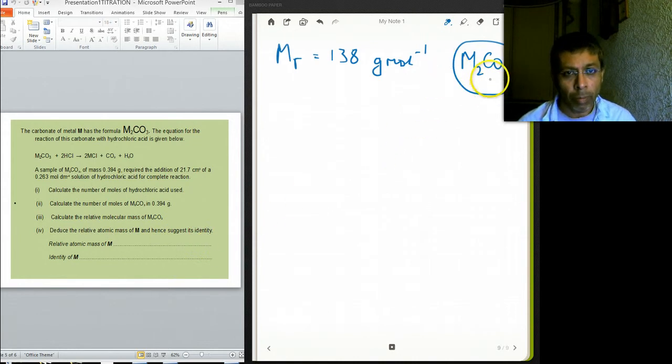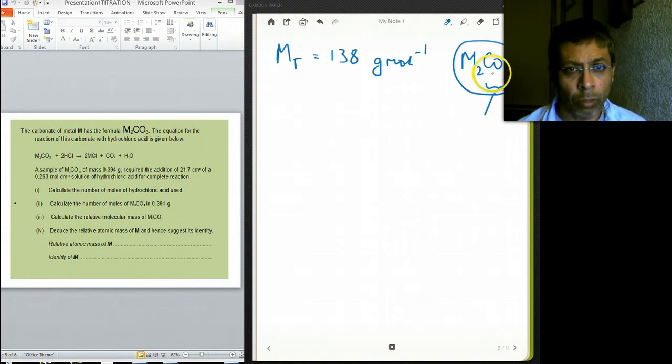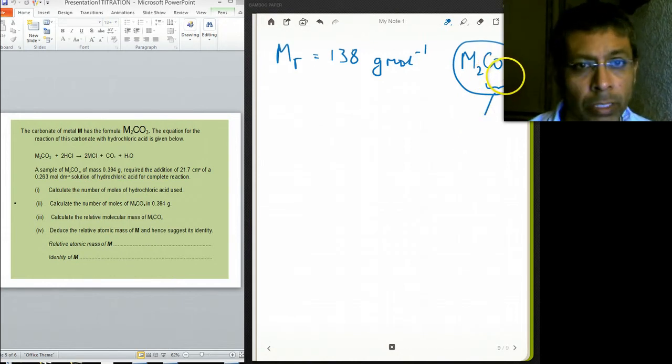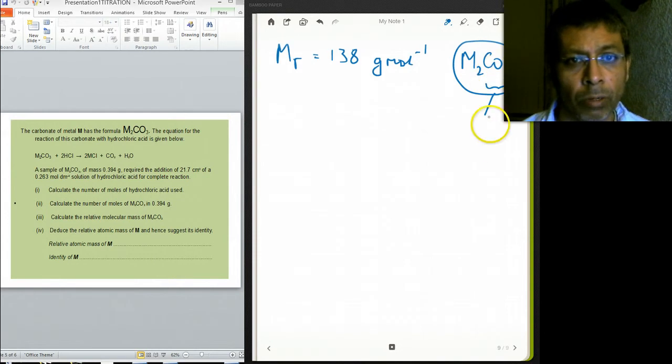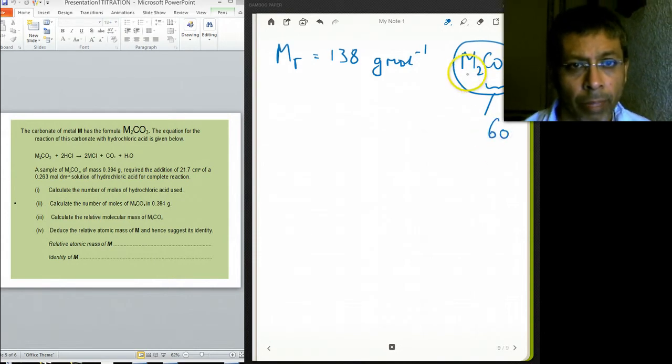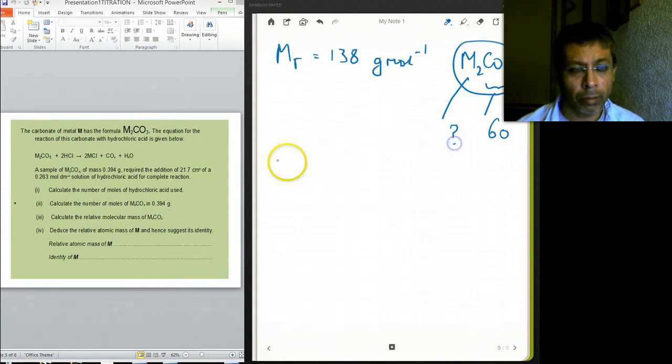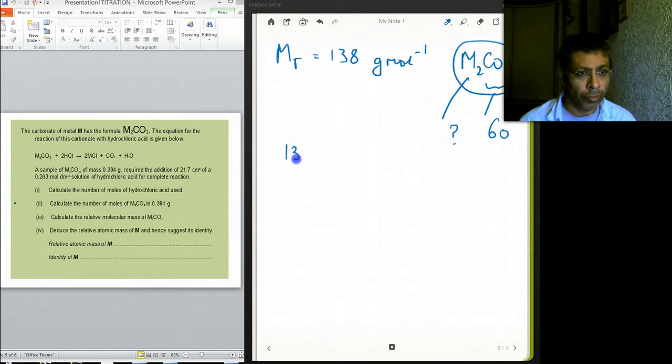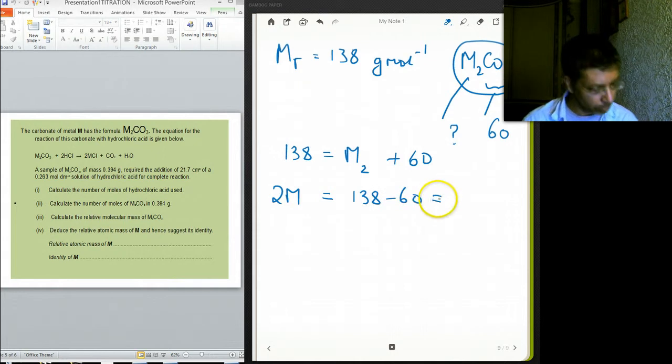Right. Well, carbonate, CO3, that adds up to 12 plus 3 times 16, 48 and 12. That's 60. And therefore this must be the rest of it. Okay. So 138 is equal to 2 M's plus 60. So 2 M's is equal to 138 take away 60, equals 78.